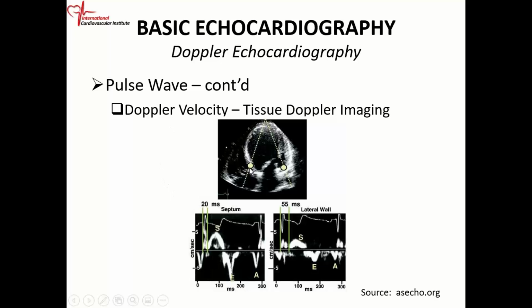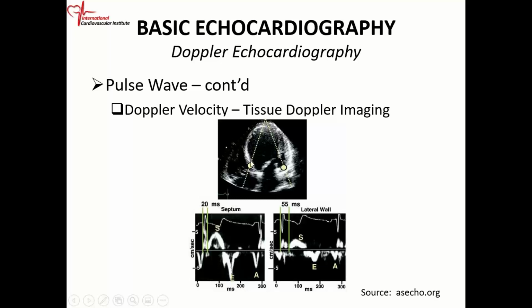So when you look at the medial mitral annulus, okay, initially in systole, this is going to move up towards the apex, towards the transducer. The transducer is right up here. So in systole, the mitral annulus moves up towards the transducer. So you get what we call an S prime. This is an S prime, telling you that the tissue moves upwards.